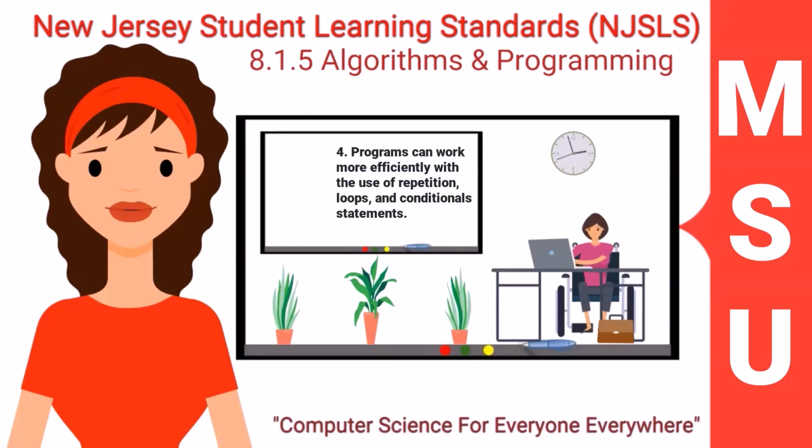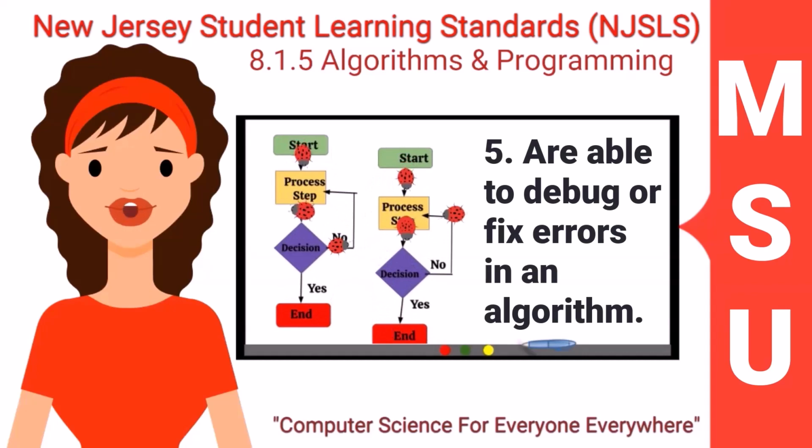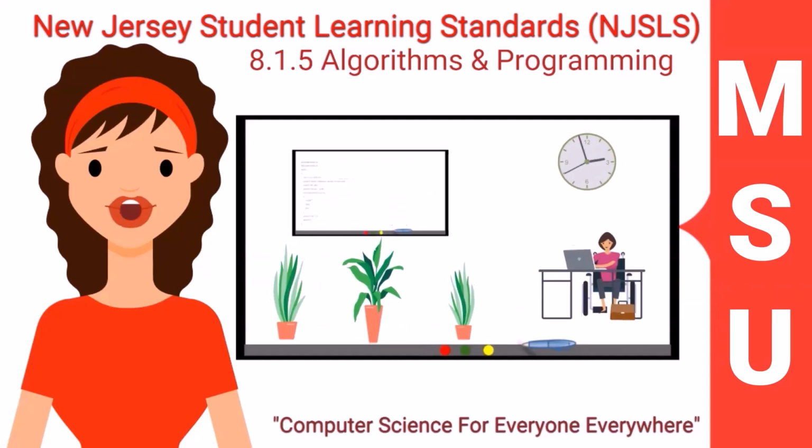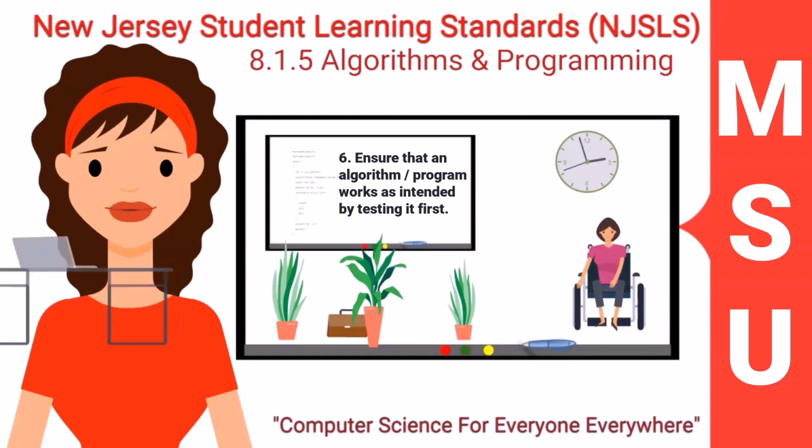Number four, programs can work more efficiently with the use of repetition, loops, and conditional statements. Number five, are able to debug or fix errors in algorithms. Number six, ensure that an algorithm program works as intended by testing it first.